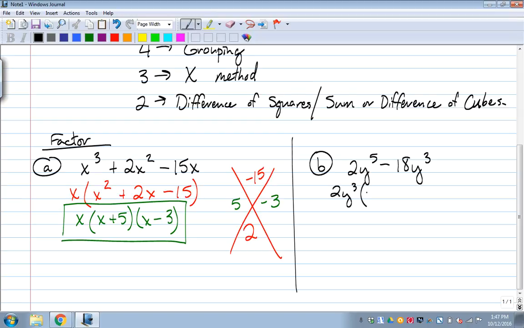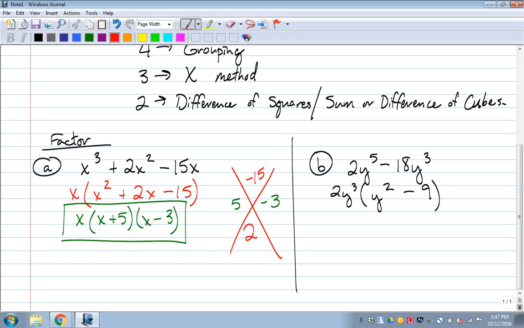Okay. What's that leave in parentheses? y squared minus 9. Next thing I want to look at is can that part in parentheses factor any further? Sometimes it won't. I think this one will because it's y squared minus 9, which would be a difference of squares.